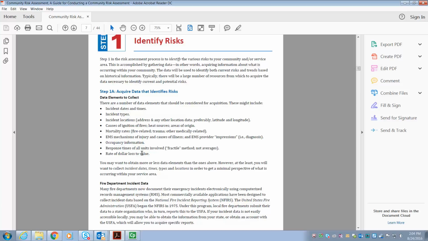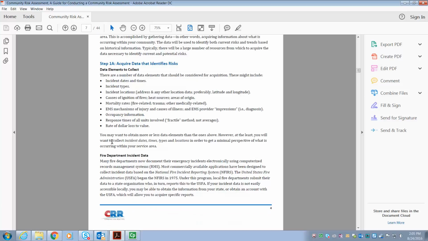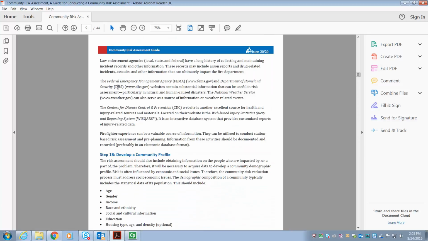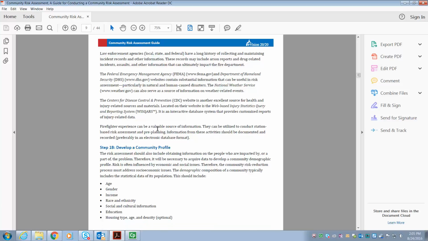Who it's happening to, occupancy information, such as a nursing care facility or a school. This is some of the data that we look at to collect information about risk. It walks you through that process as well and gives you other information or sites where you can find more information about what is going on in your community.